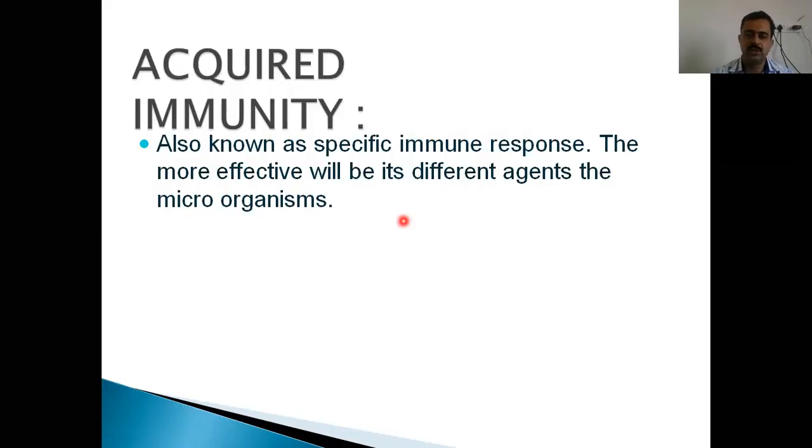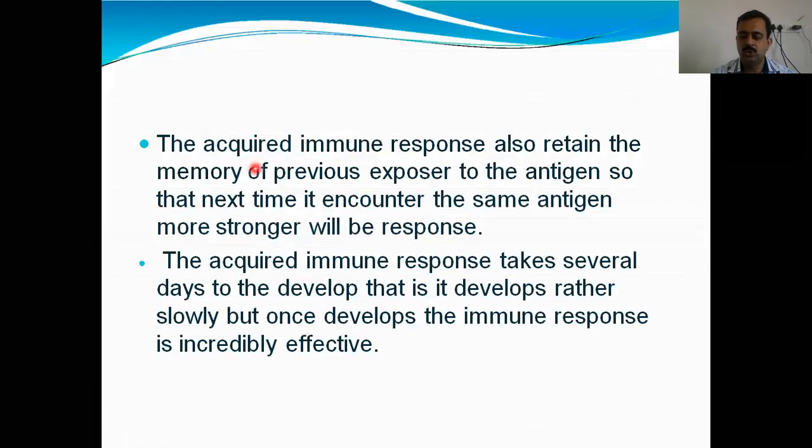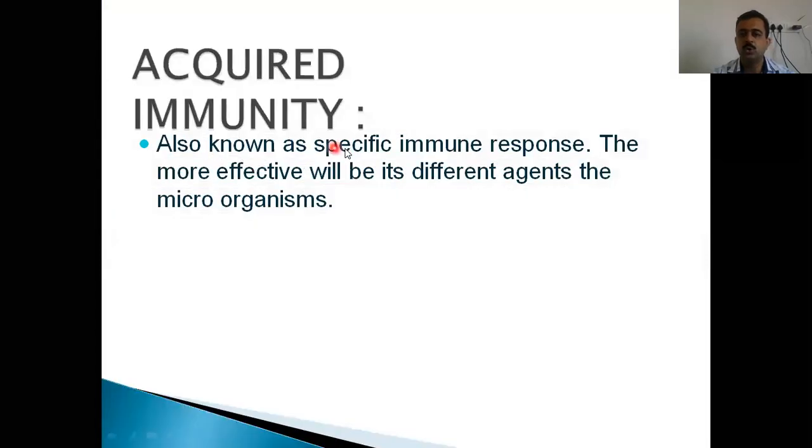Acquired immunity. Until now, we discussed non-specific immunity. Acquired immunity is also known as the specific immune response, and it is more effective against different agents, the microorganisms. It is specific: only specific cells come into play.